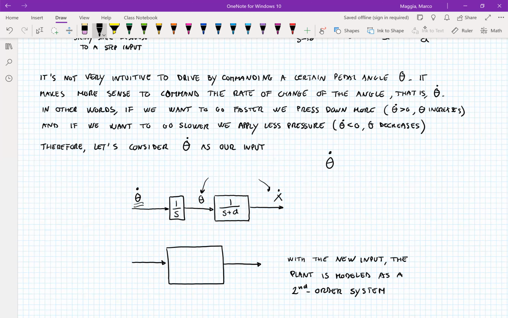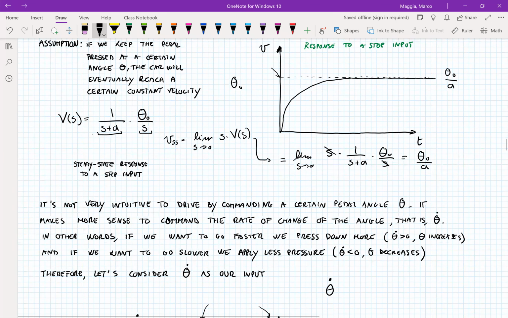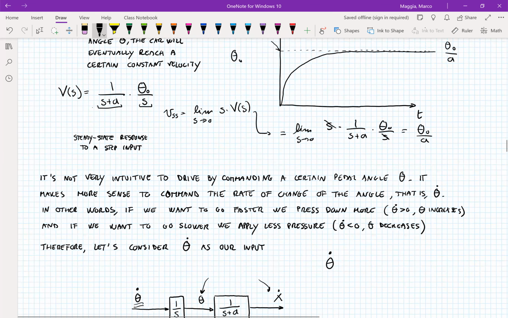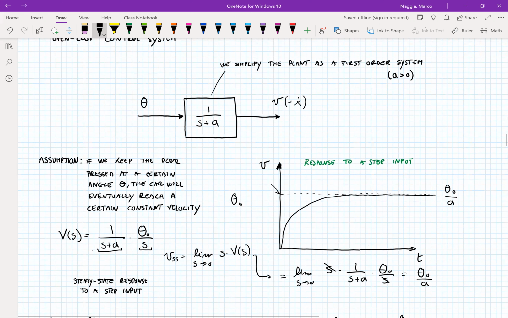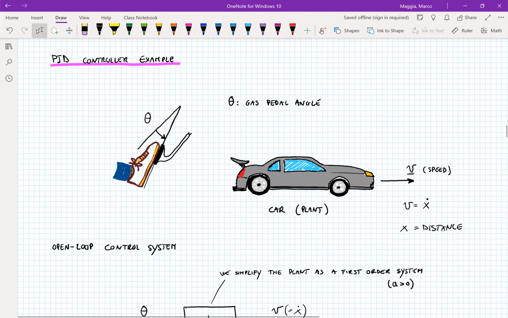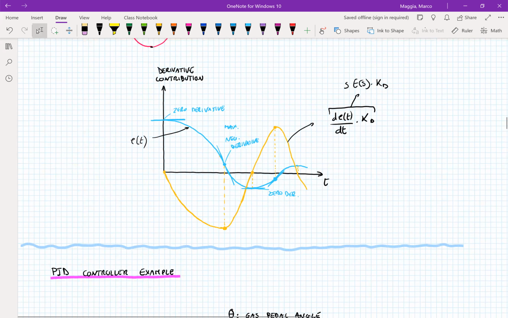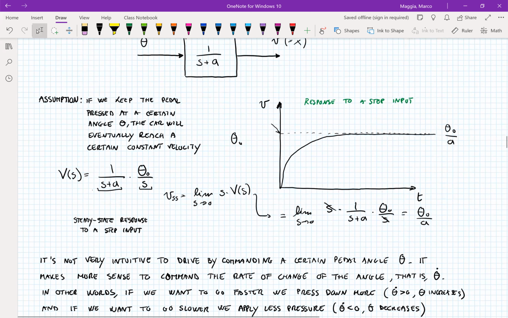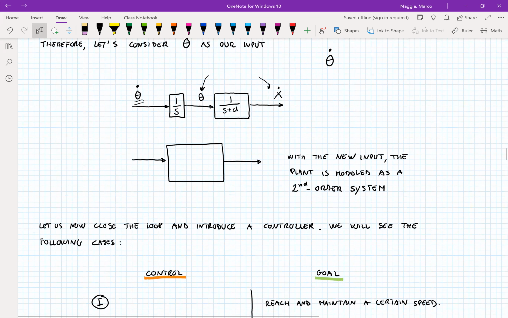So you see here in this example, I'm combining pretty much everything that we've seen so far, from block diagrams to S domain to time domain, final value theorem, intuitions, root locus, and pretty much everything. I want to give you a general idea.